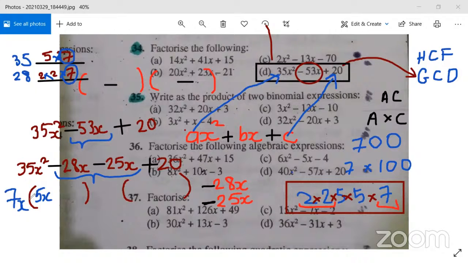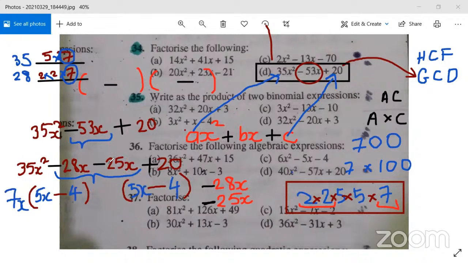Then, of course, 28 over 7, that's 4. The x is canceled, that's going to leave you with 4. And of course, minus 28 over 7, well, we know what that is. And naturally, we're going to put this same 5x minus 4 over here. 5x minus 4 and 5x minus 4.